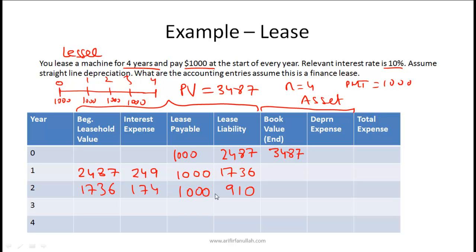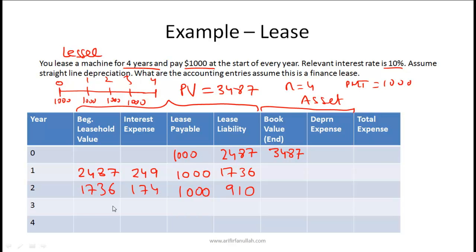And the way we get this 910 is we say this is the beginning lease value, and as with any amortization schedule, we look at the payment of 1000, interest was 174, so 1000 minus 174 represents the amount that will reduce the lease value. So 1736 minus the difference of these two will give us 910.